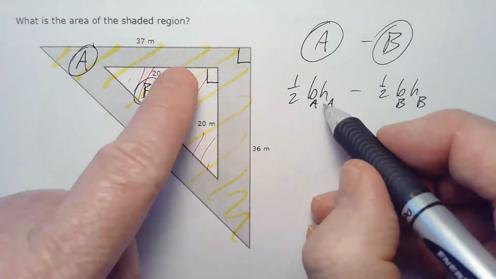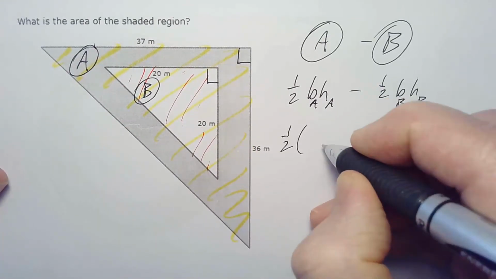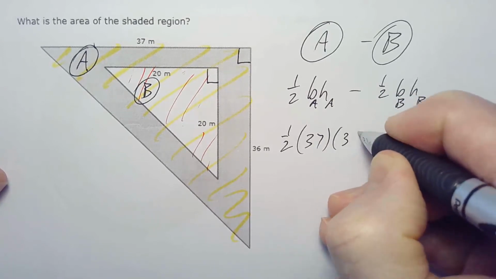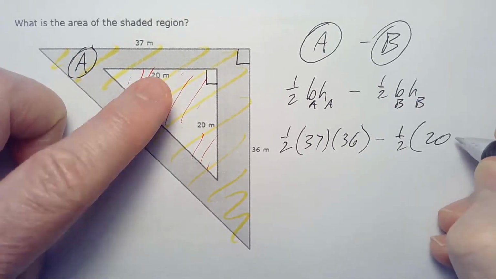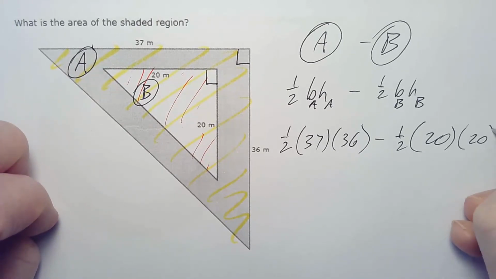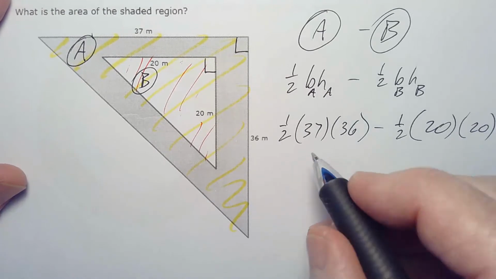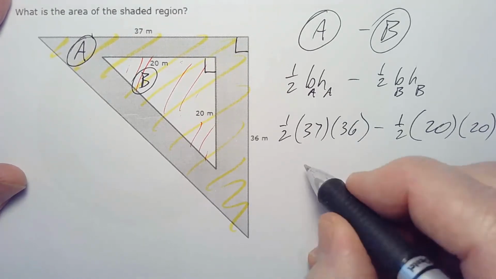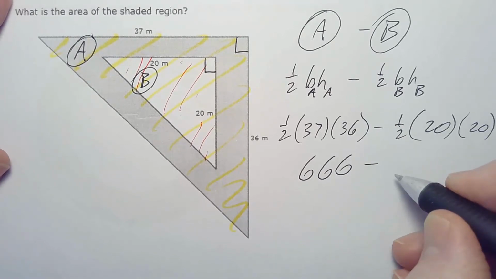So again, this is 37 and 36, right? 1/2 of 37 times 36 minus 1/2 of 20 times 20. And this one, they're both 20, okay? So once we do all that, we're going to work it out, and this is just 666 square meters.